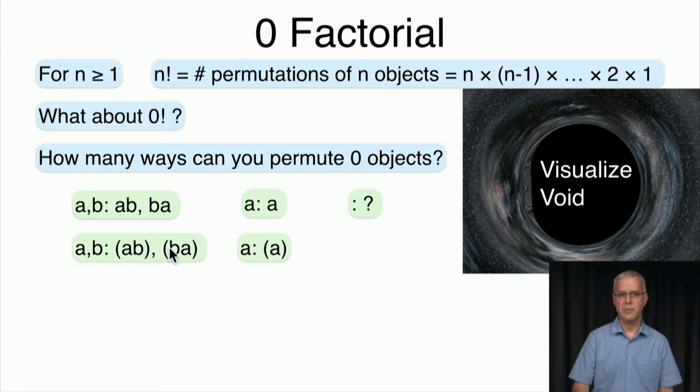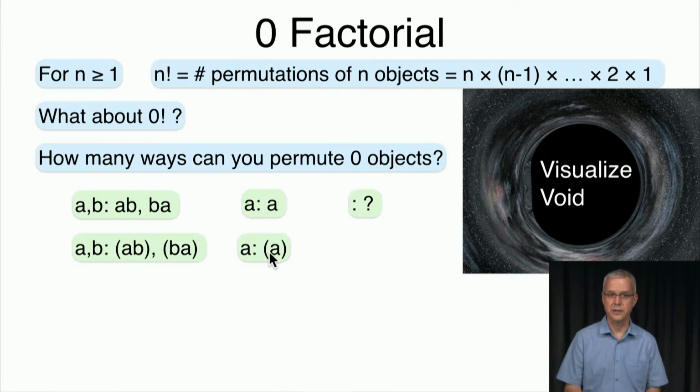So here we have AB and BA. Those are the sequences where we're keeping the parentheses, but maybe dropping the commas in between or not, that doesn't matter. And then if we have a single element, then we'll have just this parenthesis and A. This is the one tuple consisting of A, and these are the two tuples, A, B, and B, A. And we're asking how many tuples can we have that have A and B in some order.